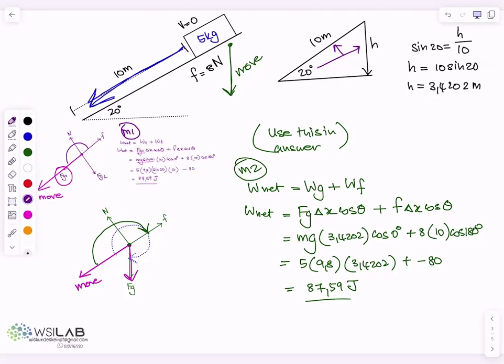Method 3, I'm not going to show you, because method 3 uses this funny angle, which we're never going to calculate. Which is going to be, I think, 290.